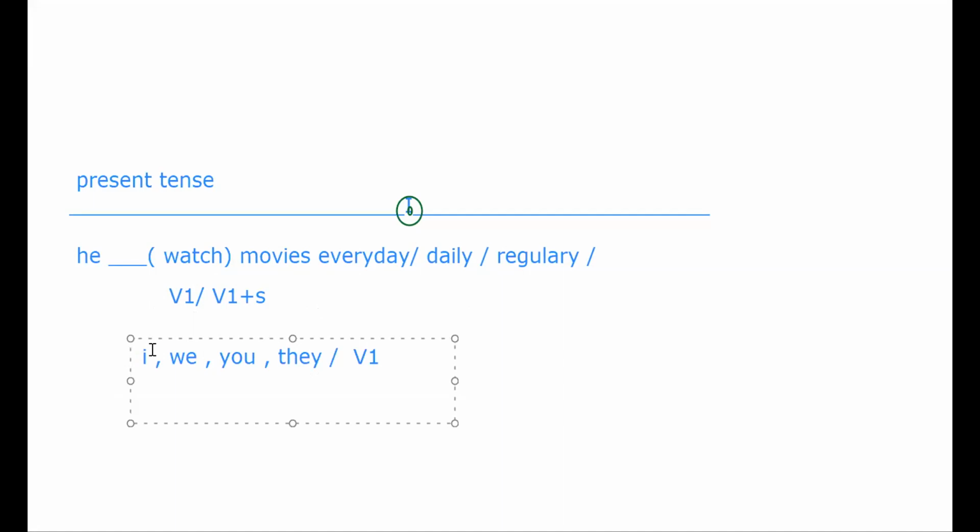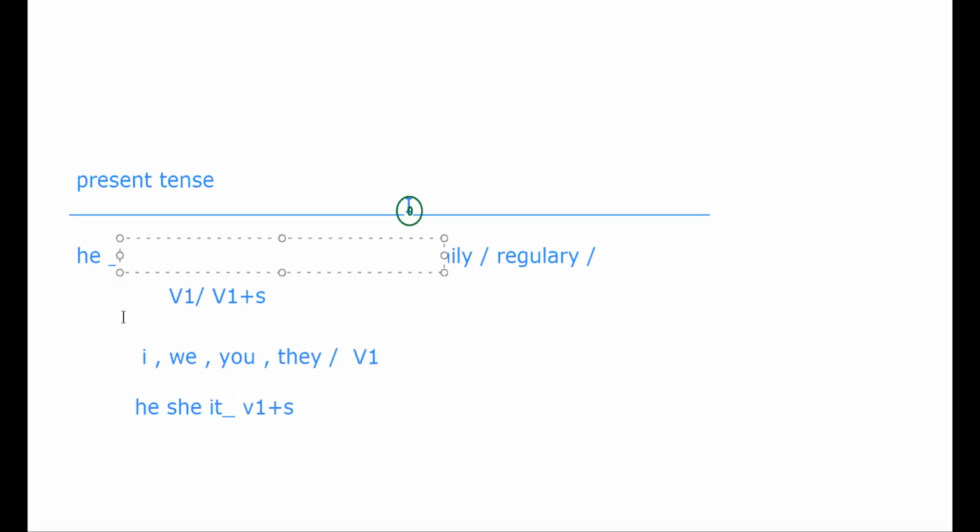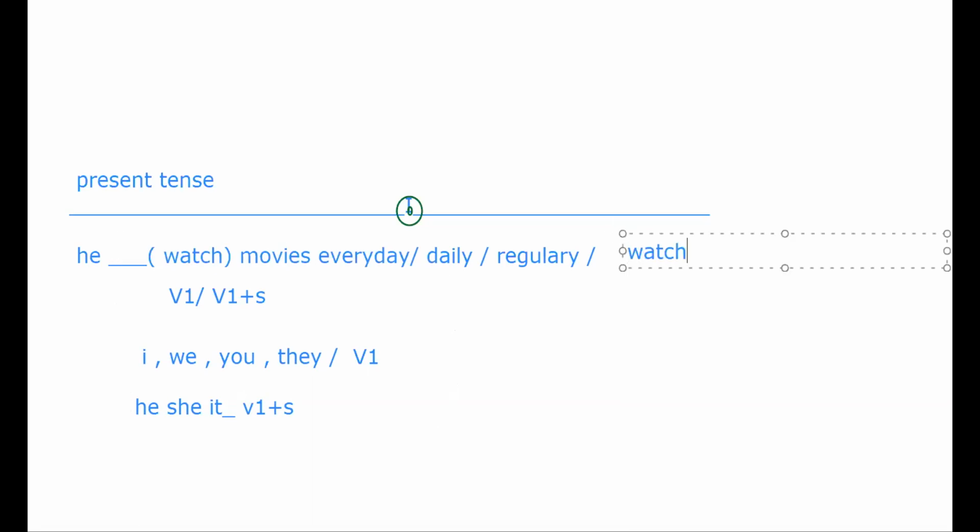If it is he, she, it, third person singular, it takes V1 plus S form. So he, because every day is here, I say he watches. I'll put here, watches. He watches movies every day. Okay. So this is simple present tense. We call it simple present tense.